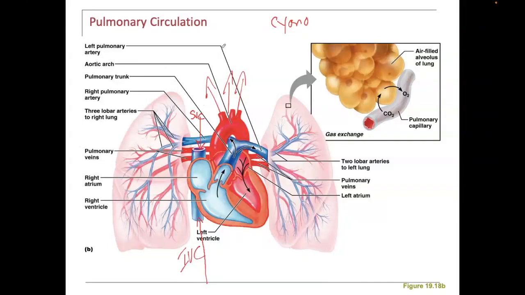So all the deoxygenated blood from the head, neck, and arms has to find a way back into the right atrium. From the lower part, into the inferior vena cava, all the deoxygenated blood has to go into the right atrium.